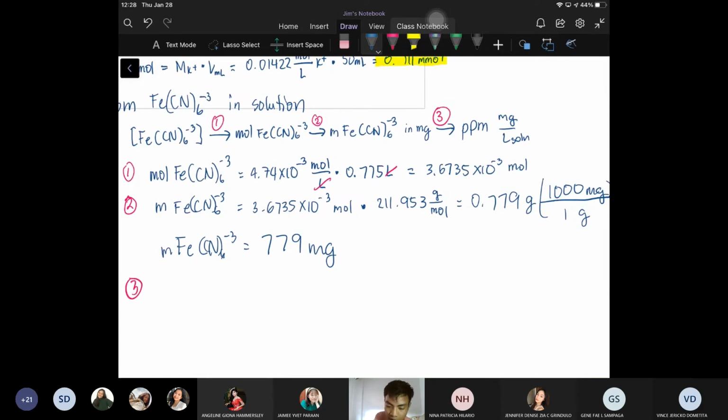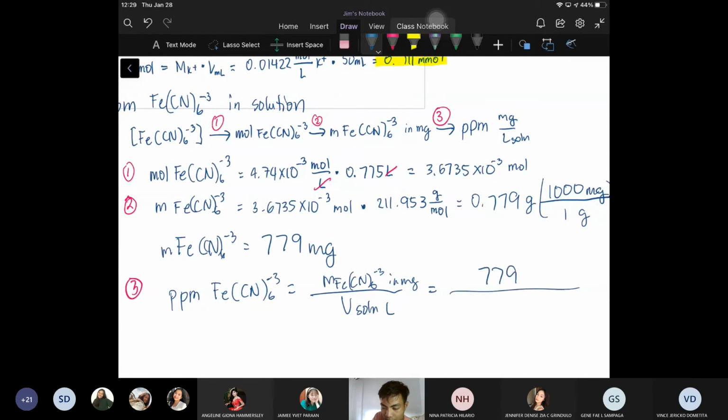Okay, so now, since meron na tayong milligrams of FeCN6, last step, finally, last step na. Kakapagod na. So, ppm na lang. Okay, so, ppm of FeCN6. So, paano yung ppm ng FeCN6? So, that's mass of FeCN6 in milligrams divided by the volume of the solution in liters. Sulat ko dito para maalala nyo. Okay?